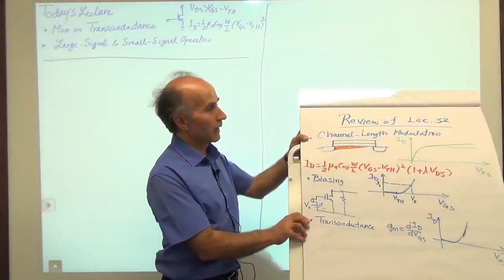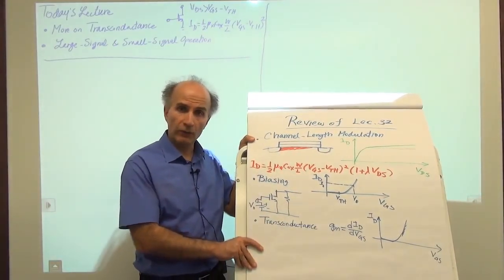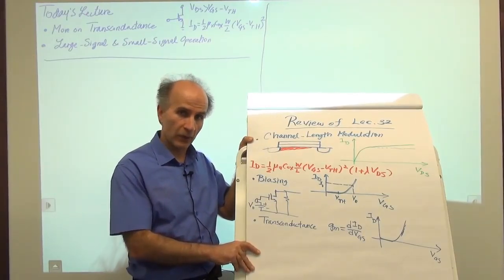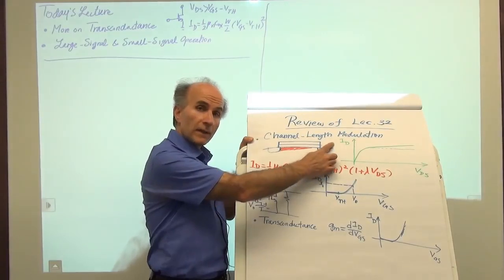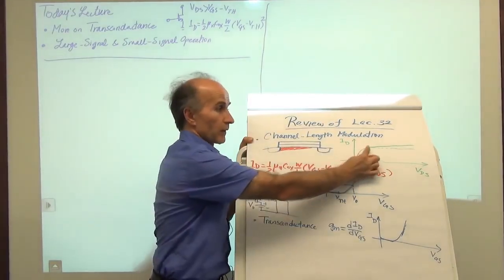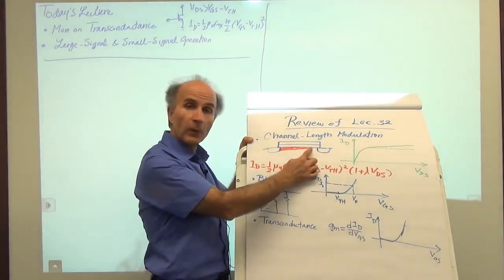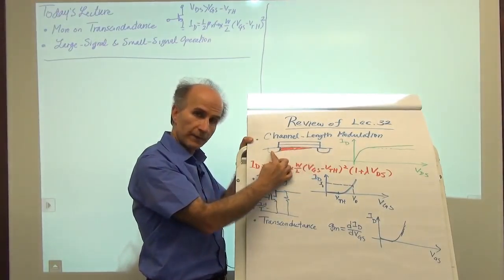In the last lecture, we went into one second order effect in MOS devices, namely channel length modulation. And we saw that as the drain voltage increases, assuming that we are already in saturation, so we are over this hump here, the pinch-off point gradually moves to the left towards the source.